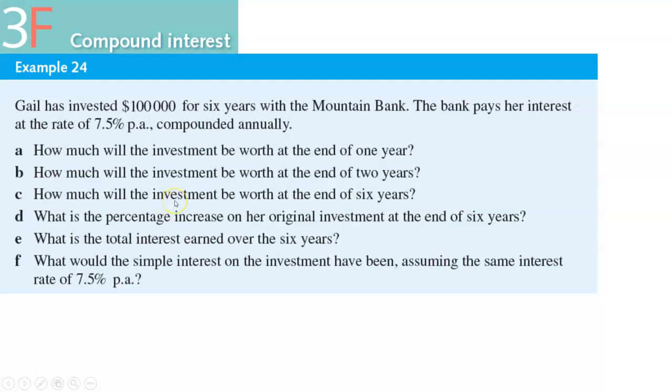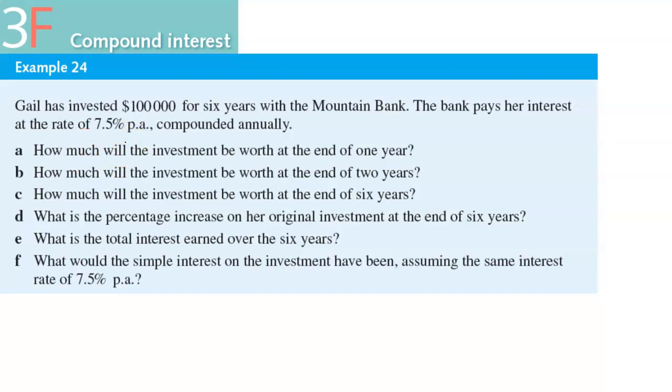I'll give you a moment to read the initial part of that. Okay, so this PA, we have seen it before, it means per annum. So that means that she earns 7.5% interest per year.